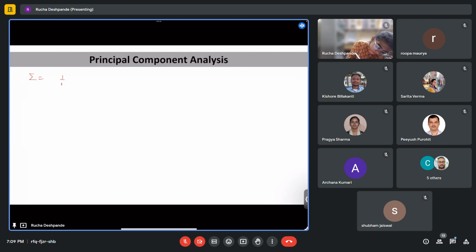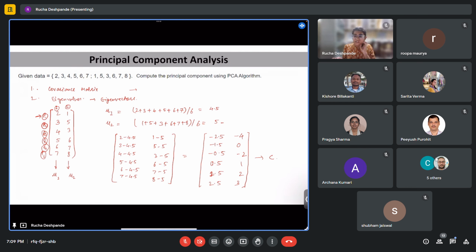It is 1 by n C transpose C. So this is my C matrix, and n is the number of elements in this column. So here n is equal to 6.